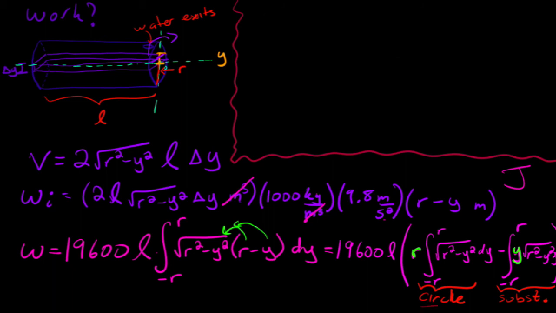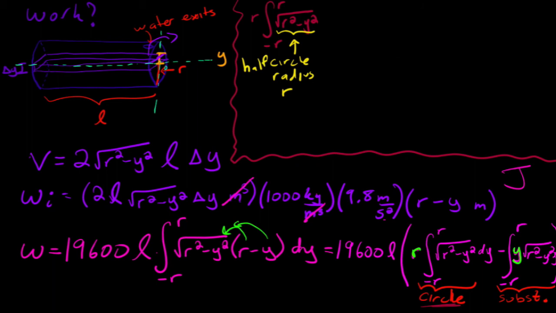So this one's the easiest one, as long as you recognize it. So r times the integral from negative r to r of the square root of r squared minus y squared. This right here is a circle of radius r, half circle.